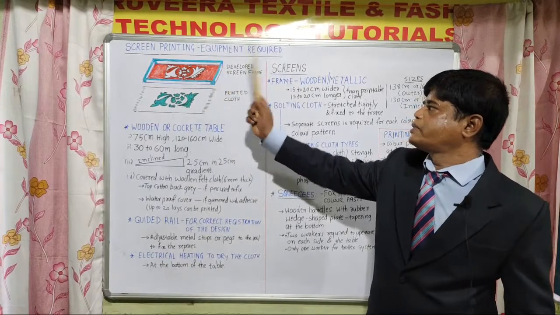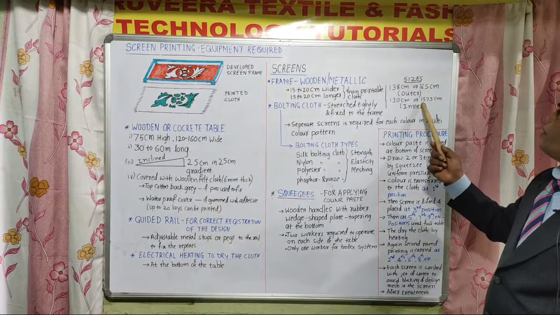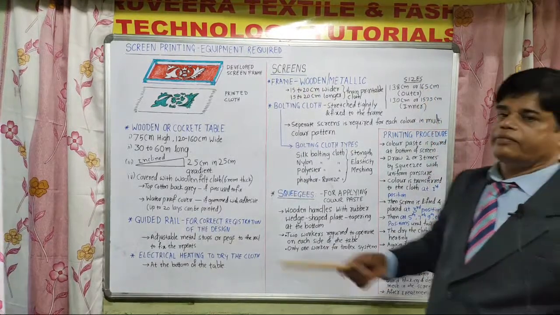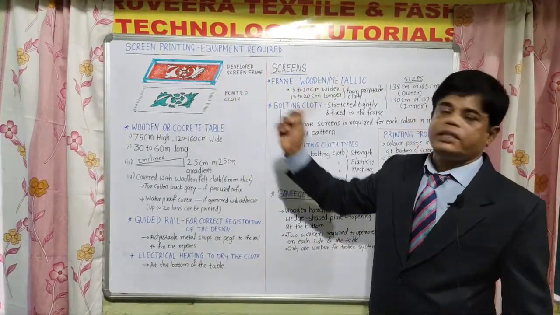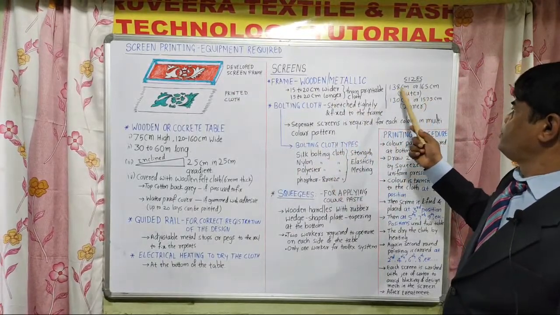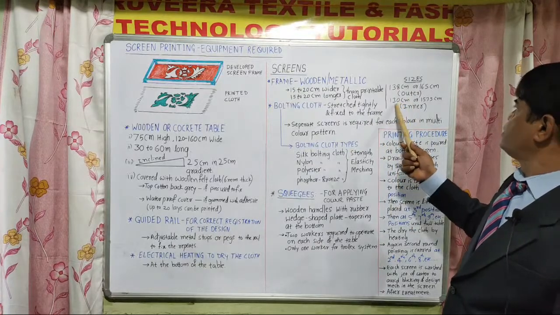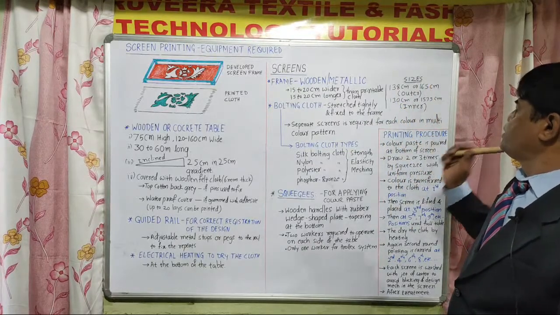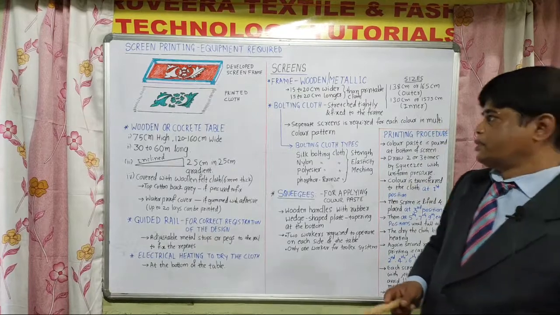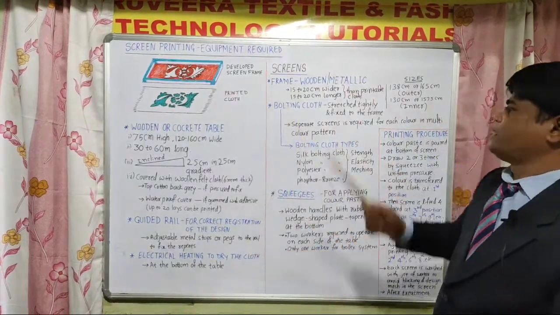And 165 centimeters outer, 157 centimeters inner, or 170 centimeters. Usually 138 and 130 centimeters, or 165 and 150 centimeters, inner and outer. Depending upon the designs, the size varies.